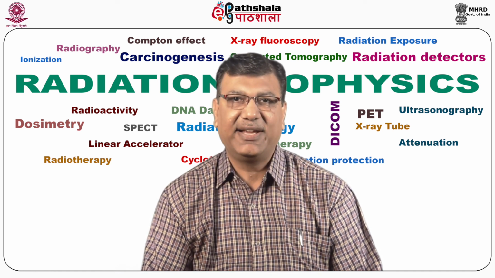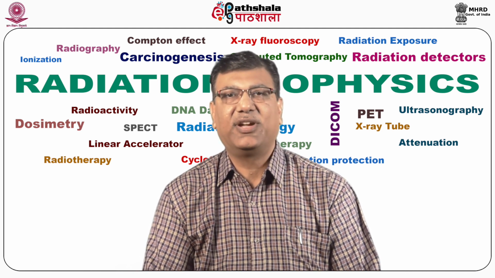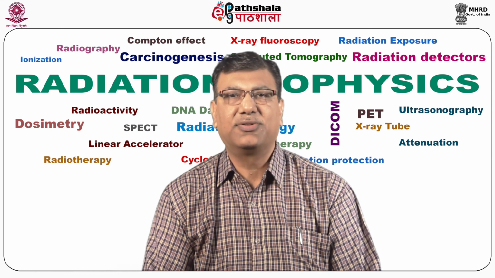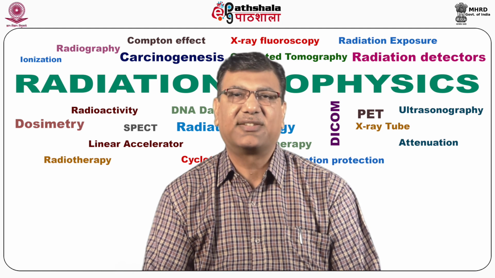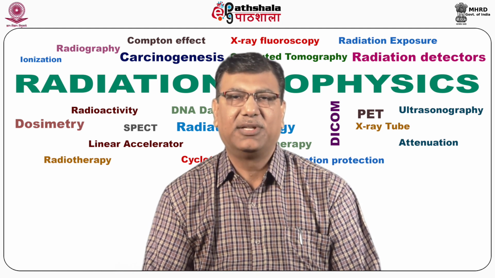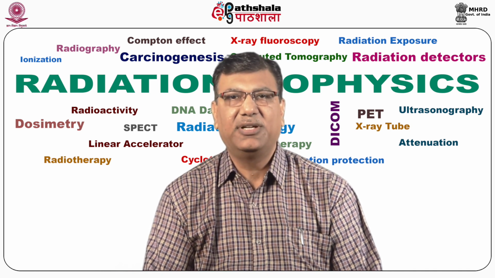There are fewer side effects, because we are placing the radioactive source very close to the tumor, the radiation effects are very less, and mostly the dose is delivered to the tumor.